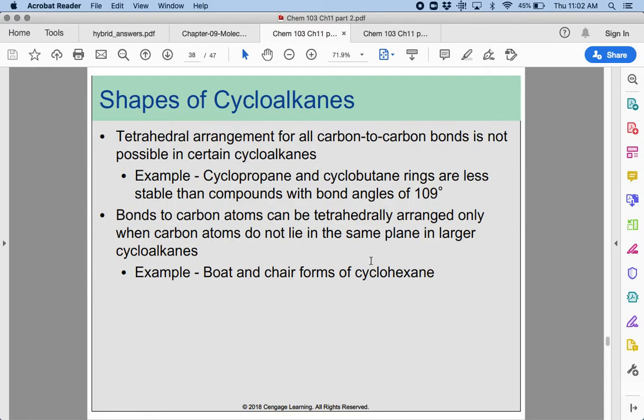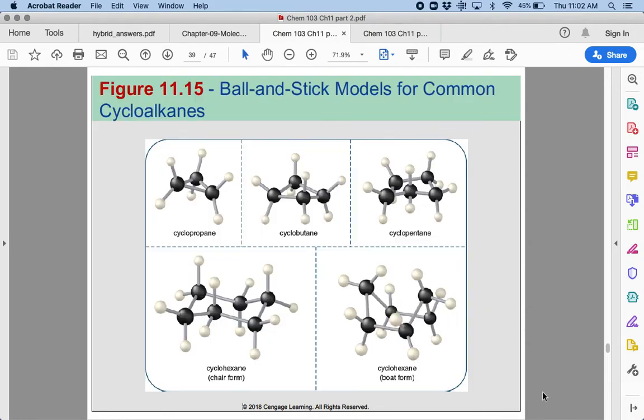Things smaller than 6 carbons in the ring don't have too many conformations just because they're so small and rigid, but we'll see these different conformations mostly in rings of 6 or more. So cyclopropane, cyclobutane, cyclopentane, they're kind of stuck in those positions.